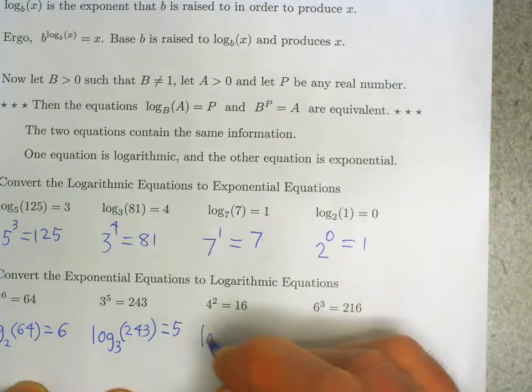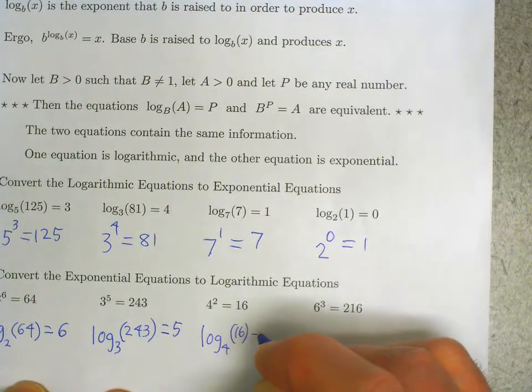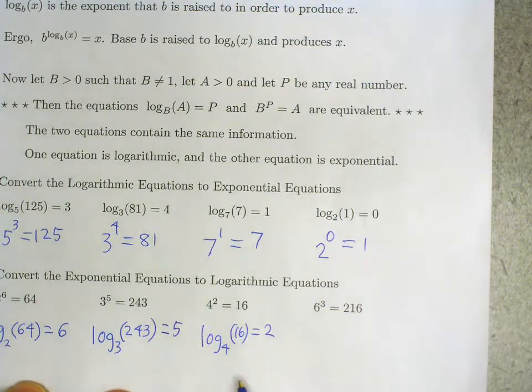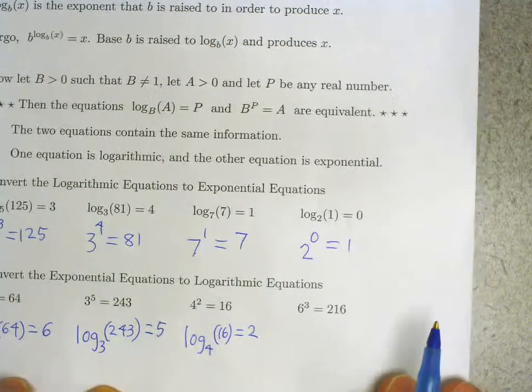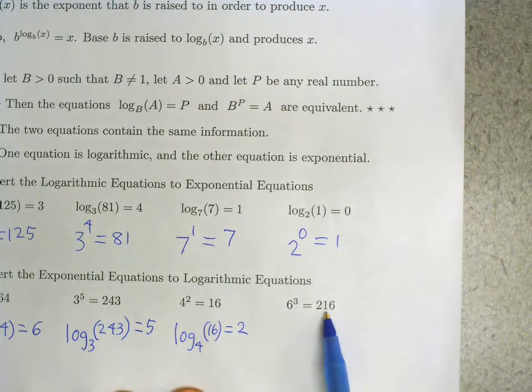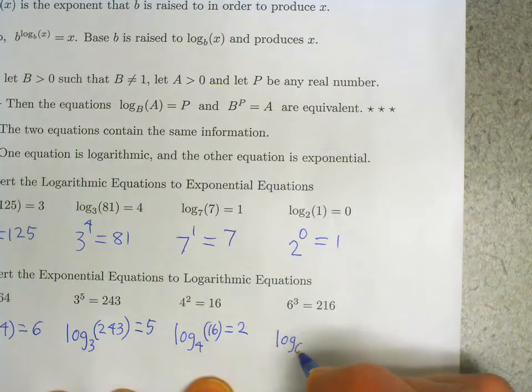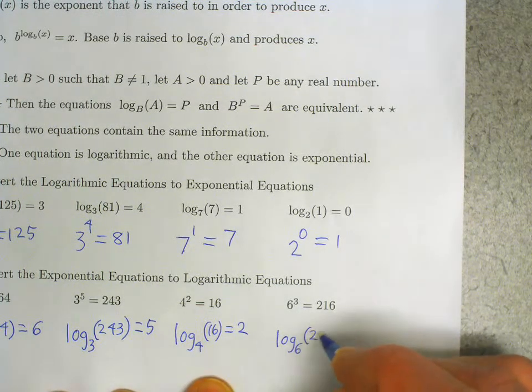The base 4 logarithm of 16 equals the exponent that 4 must be raised to in order to get 16. And then the next example, 6 to the 3rd equals 216. So the base 6 logarithm of the argument 216 equals 3.